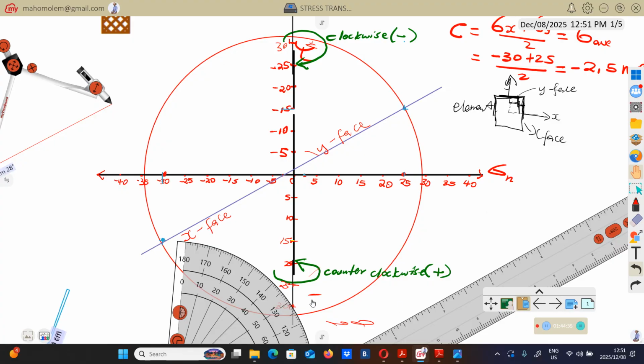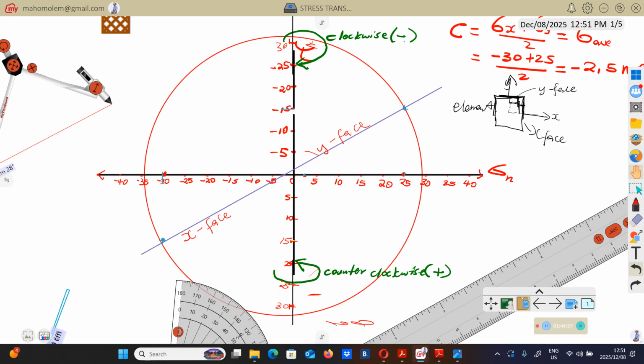So now the principal stress, which is what we have to find. Remember, we find the principal stress at the point where there is no shear stress. At this point, there is shear stress.